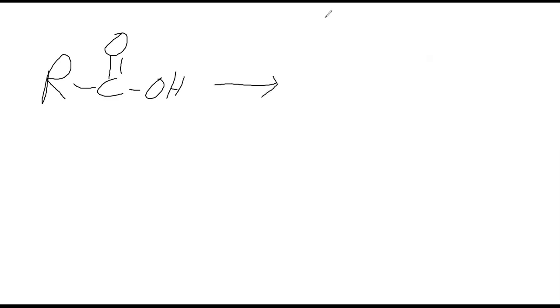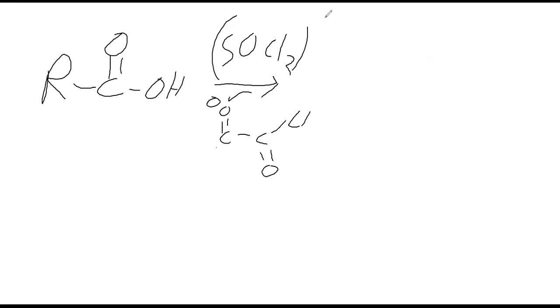We either use thionyl chloride as one option, or oxalyl chloride, which is C double bond O, C double bond O. But either one of these would work, where essentially we're kicking this off, forming our acid chlorides and some gases.